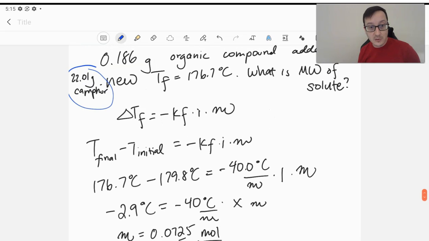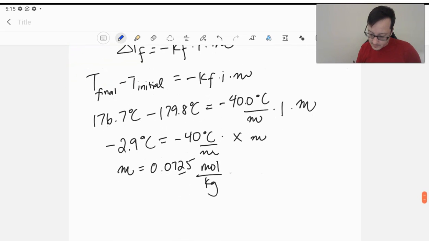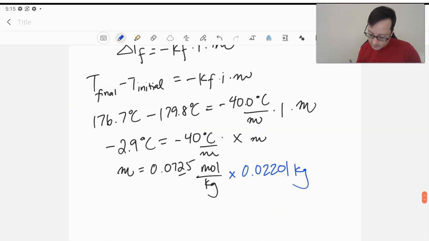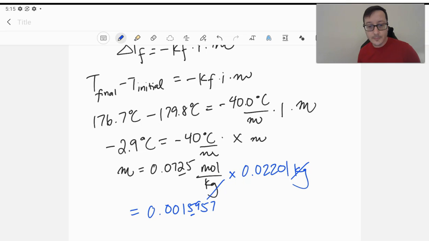We have 22.01 grams, so we need to put it into kilograms. So that number times 0.02201 kilograms, where the kilograms cancel and we're left with moles, gives us 0.00159557, still 2 sig figs here.